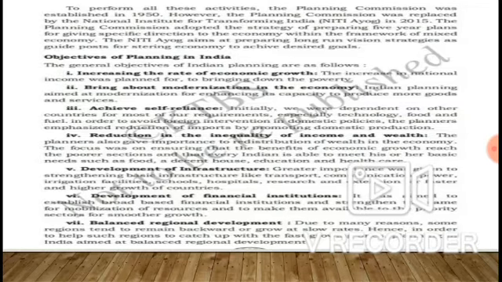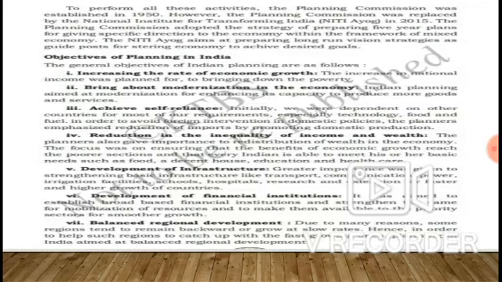Which are the objectives of planning in India? Let us discuss the objectives of planning in India. The general objectives of Indian planning are as follows. There were totally eight objectives. Among them, the first one is increasing the rate of economic growth.